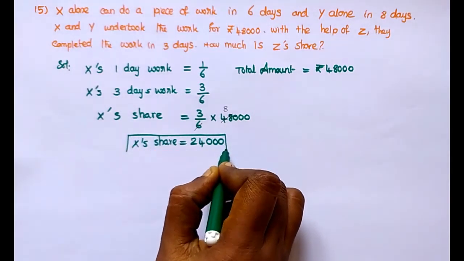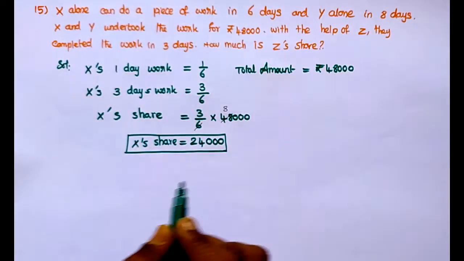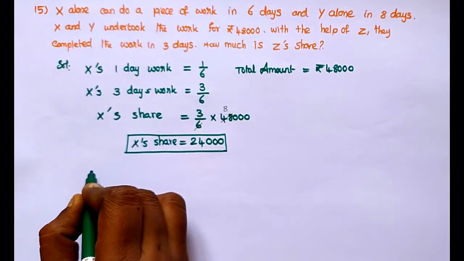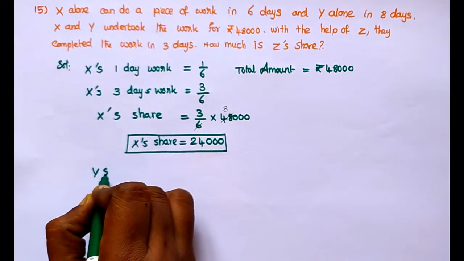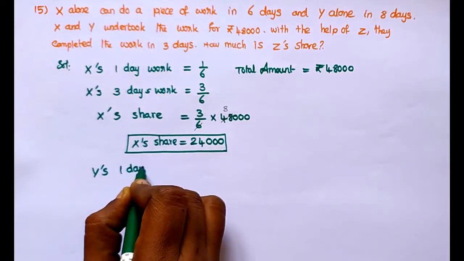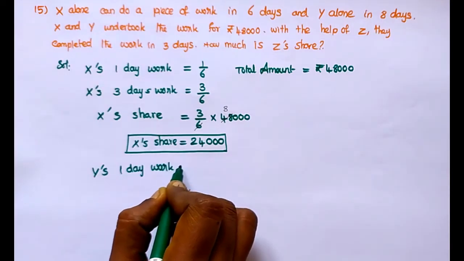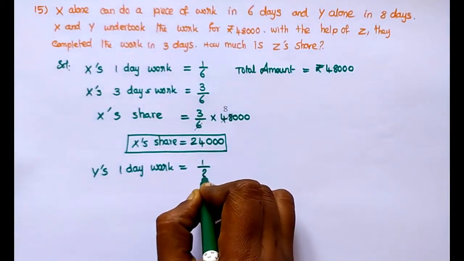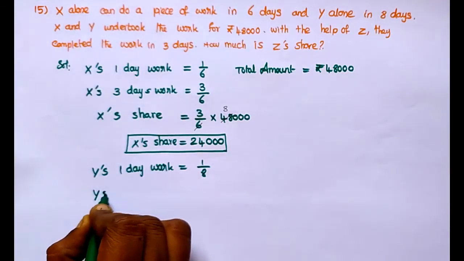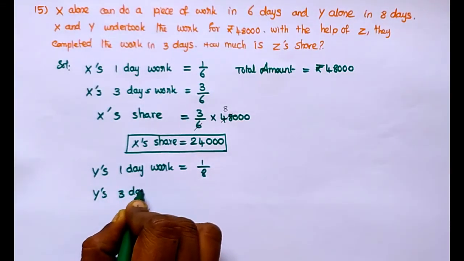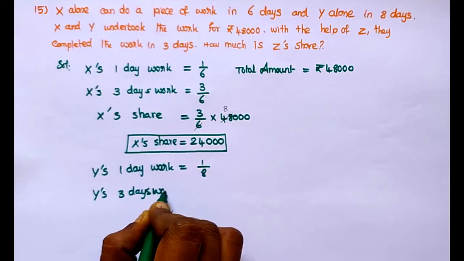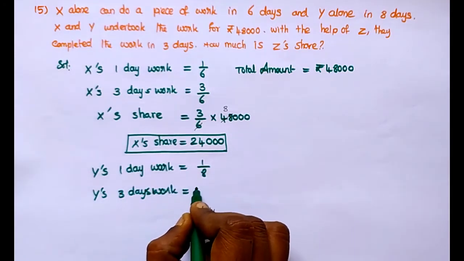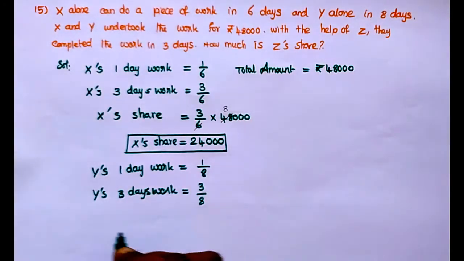Now find out Y's. Y's 1 day work is what? Y alone in 8 days. So 1 by 8. So Y's 3 days work equals 3 by 8.